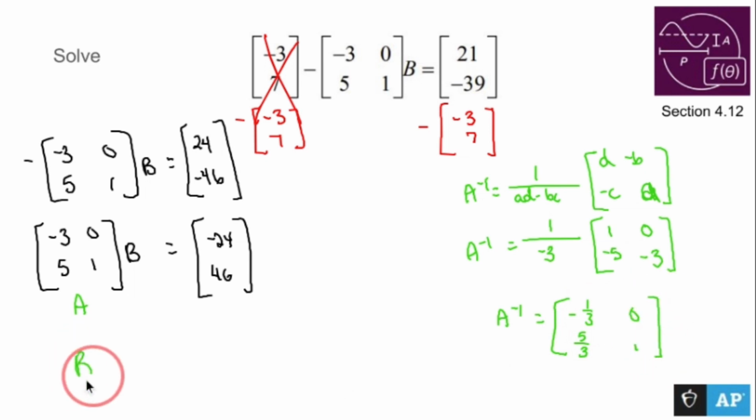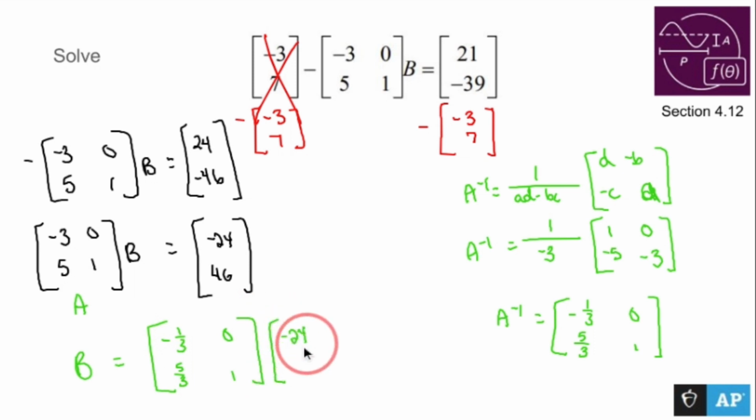So B is going to be me multiplying [-1/3, 0; 5/3, 1] by [-24, 46].